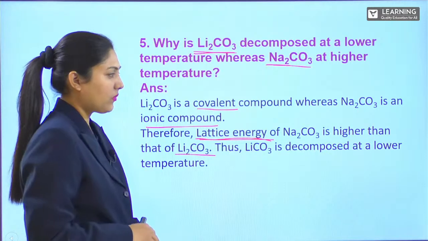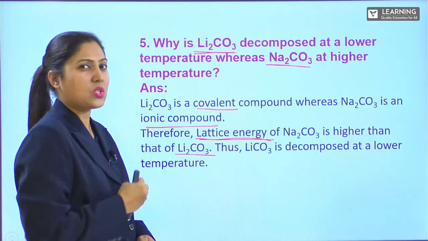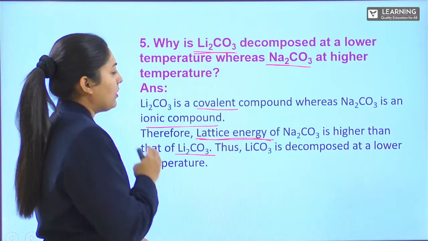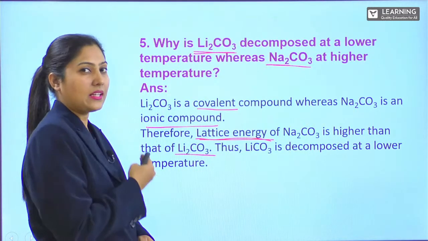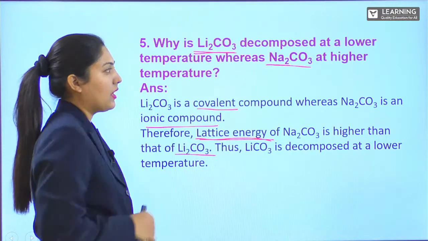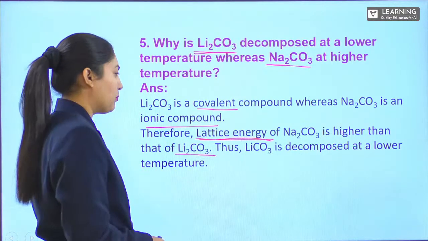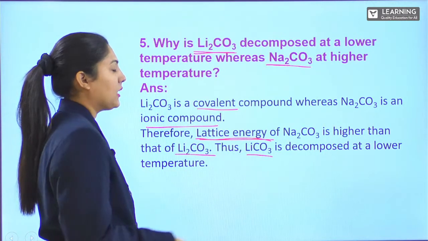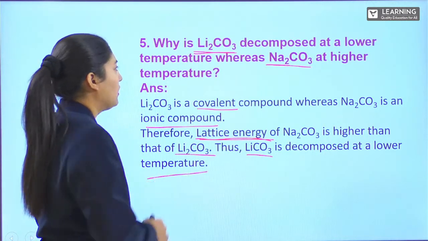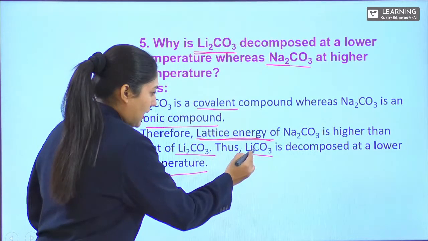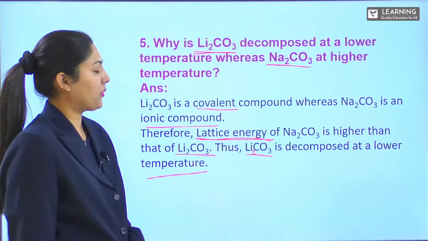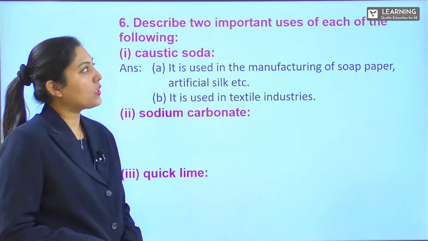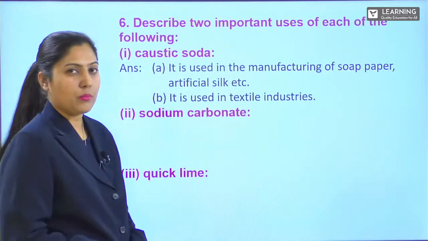As I said, the ionic compounds will be very strongly placed with each ion in the lattice, so they will have higher lattice energy too, which requires a higher temperature to decompose that compound. Whereas lithium carbonate, Li2CO3, decomposes at a lower temperature.